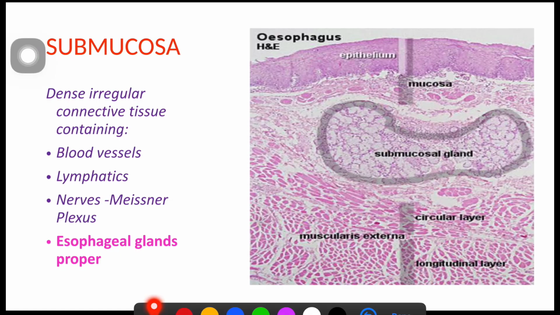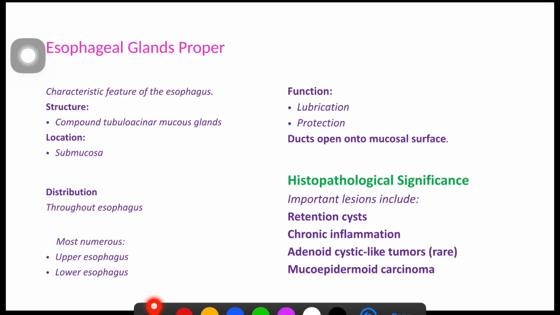It is dense irregular connective tissue containing blood vessels, lymphatics, Meissner plexus and esophageal glands, also called submucosal glands or esophageal glands proper. Here you can identify a large area containing these esophageal glands proper. It is a characteristic feature of esophagus.